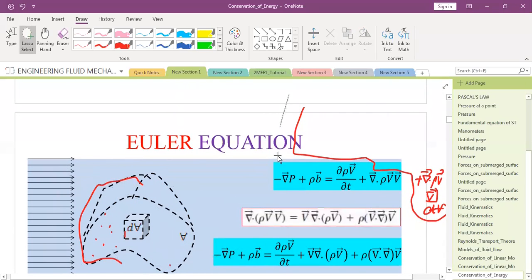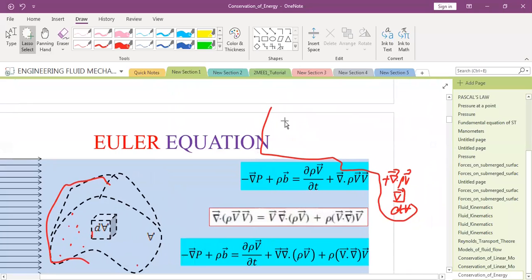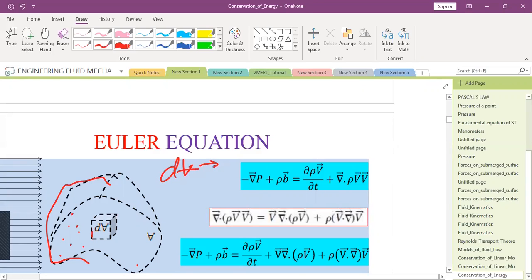So we have come up with conservation of linear momentum in inviscid region of flow for a differentially small control volume, and in the limit as this control volume tends to zero, that is dV tends to zero, this becomes valid for a point.